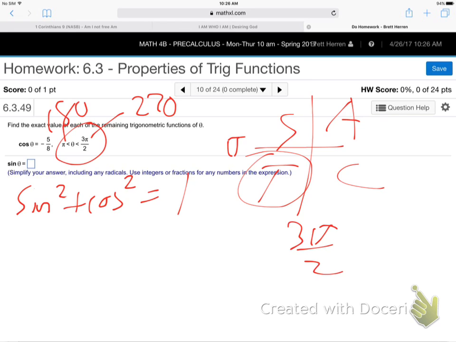Not making sense? So can you find the sine then? Positive or negative, I mean. Get that part right also.